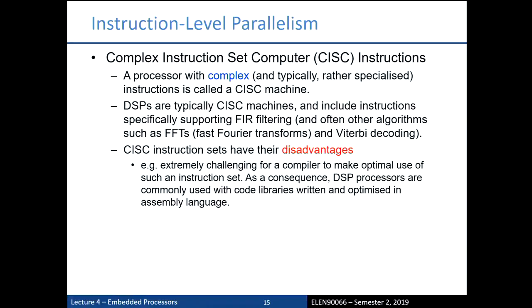A CISC system will have complex instructions like instantiate an FIR, do Viterbi decoding, implement a Kalman filter, right? These are very specific instructions that have a lot of structure underneath them, not just add a couple of things and move it there, okay? So they have, as I said, complex instruction sets.